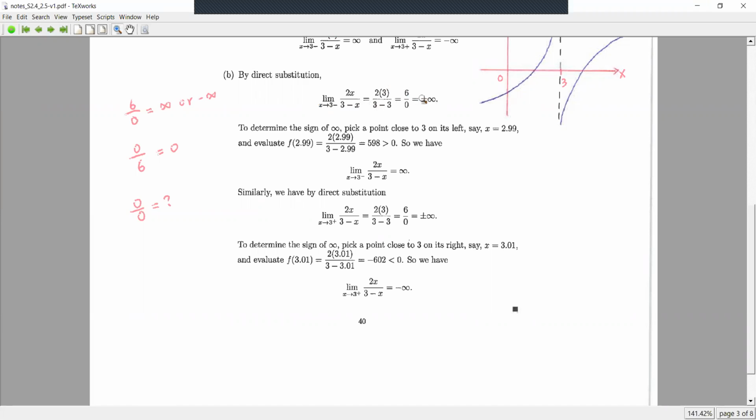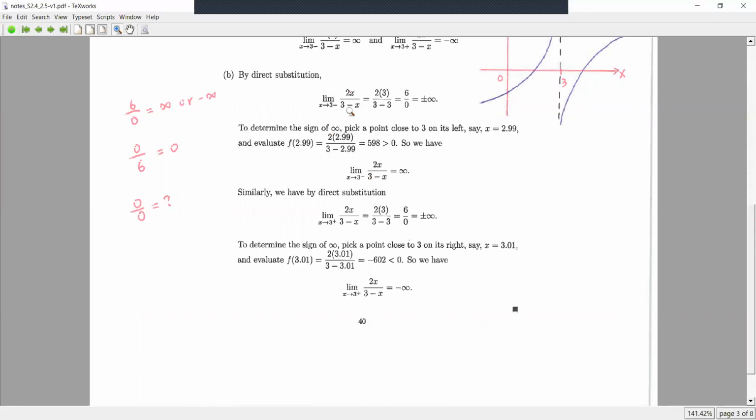Now, to determine the sign of the infinity, I pick a point very close to the number 3, but on the left side. Say I pick 2.99, and then evaluate the function value at 2.99. This is the function.